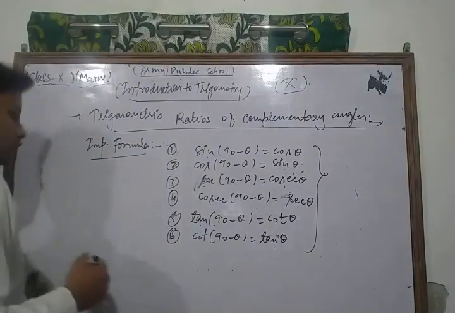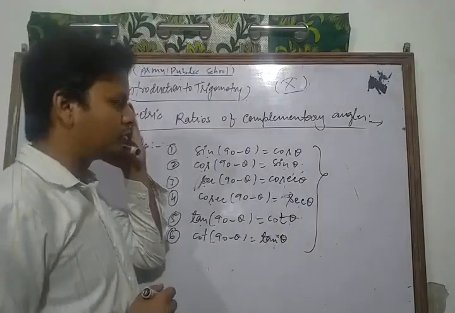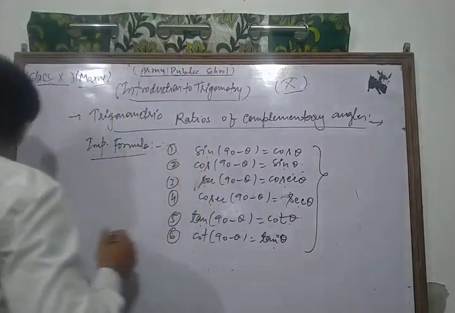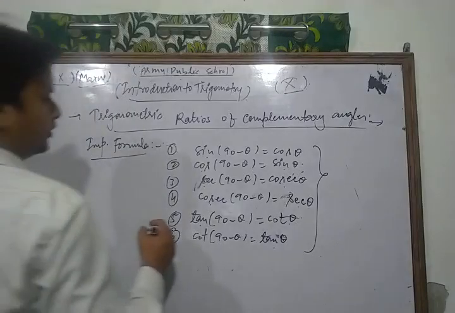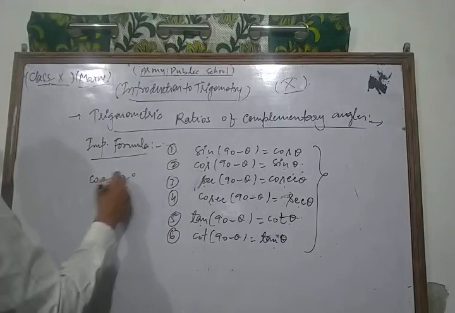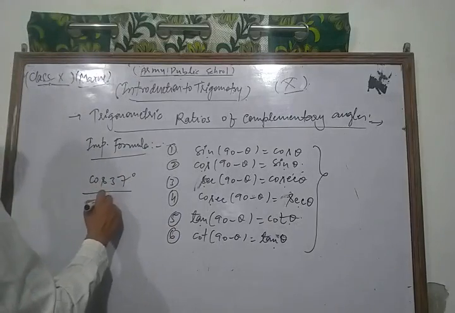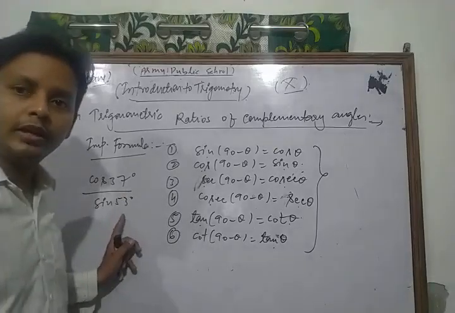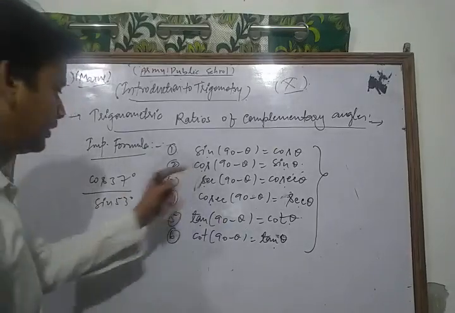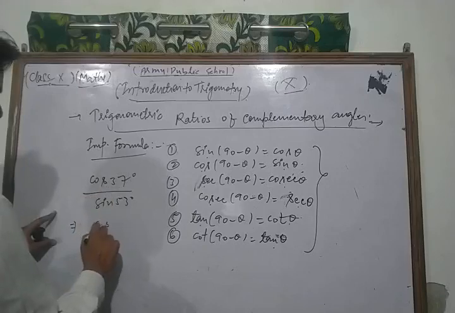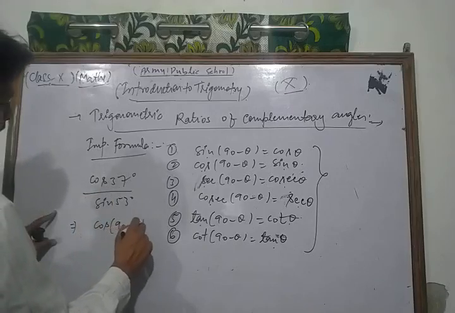Okay. Now, based on that formula, we solve so many questions like that. Suppose we evaluate cos 37 degree upon sin 53 degree. So here we apply that complementary formula. Now let's see, dear student, we write cos 37 as cos(90 minus 53).